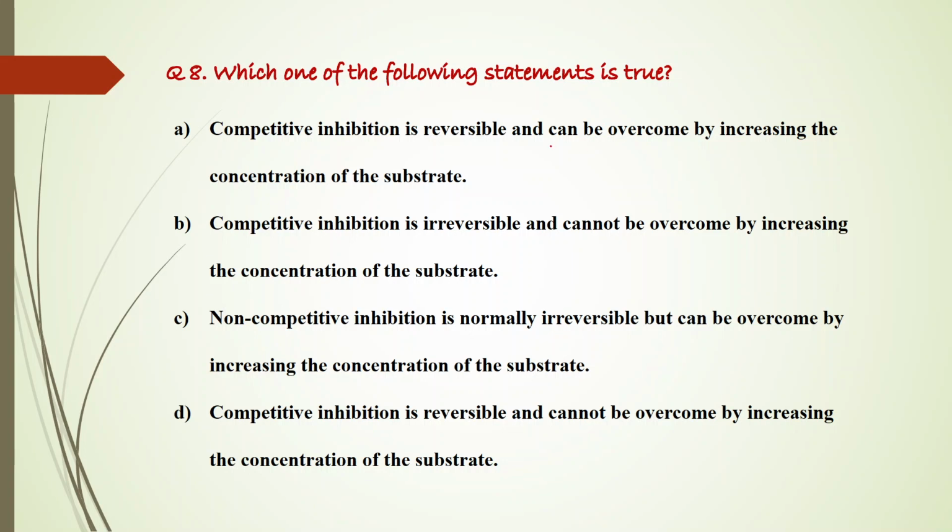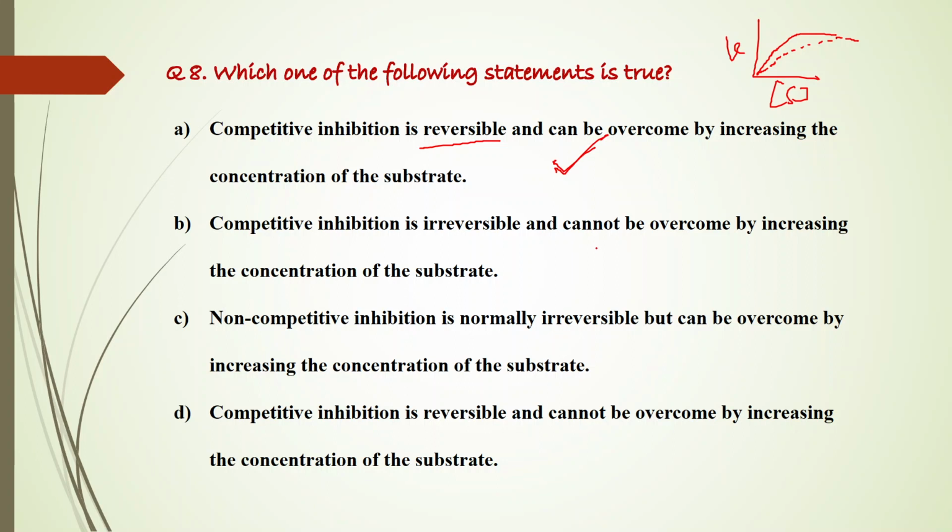In today's session we discussed that competitive inhibition is indeed reversible, and whenever we move to higher substrate concentration, we can actually achieve the Vmax as well. So by increasing substrate concentration, we can overcome the effect of the inhibitor. So our first option is obviously true.